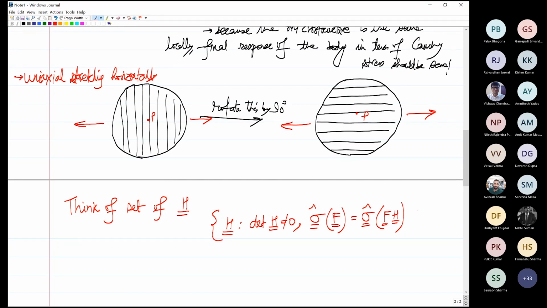So if this holds for all deformations, that means for all big F, and I should say for all non-singular, no, because det F has to be not equal to 0. Well, for all F such that det F greater than 0, because it's a continuum mechanics deformation.